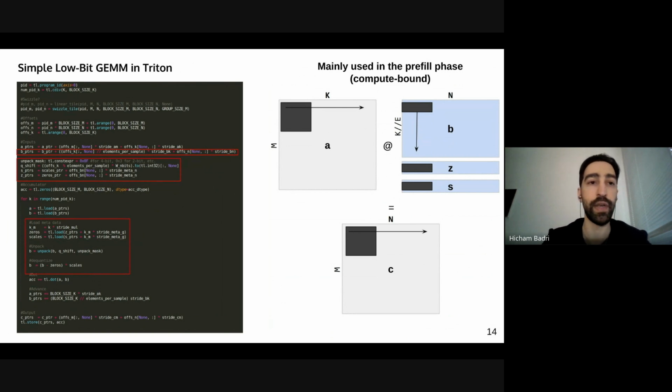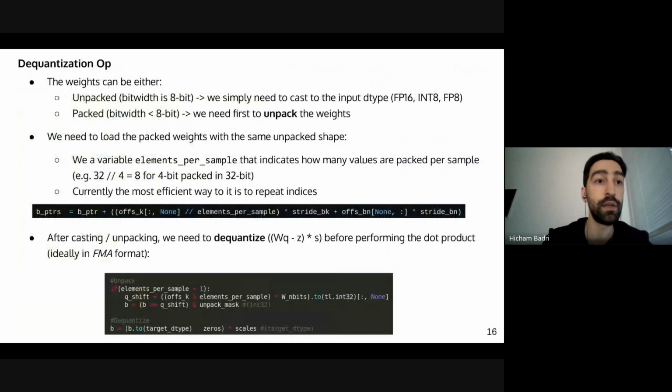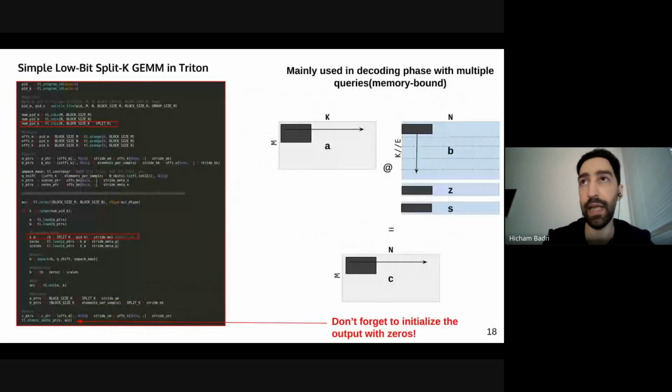Then we saw how to run this faster, and that there are different ways to make it faster because you need different kernels for different situations. Then we went through the different kernels: the low-bit GEMM, the GEMV, and the split-K.